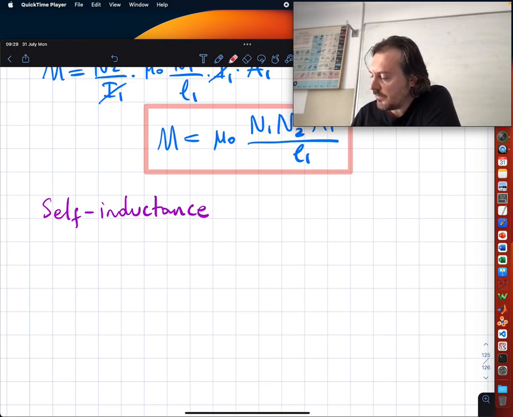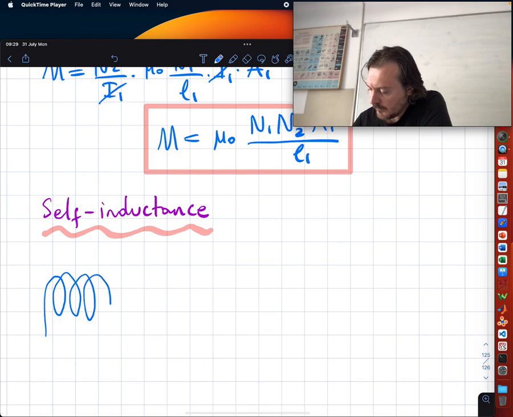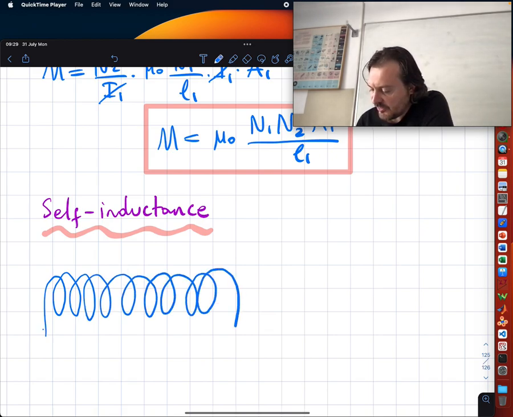In the case of self-inductance, both wires are the same wire. So I only have one wire, and I'm wondering how the change in this current affects the EMF in that loop.